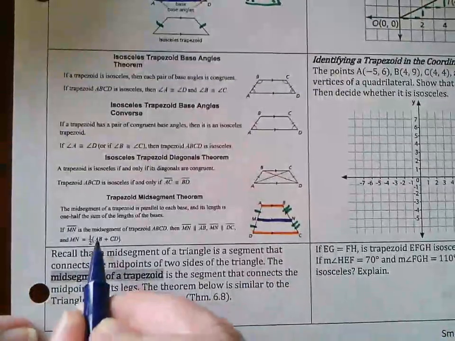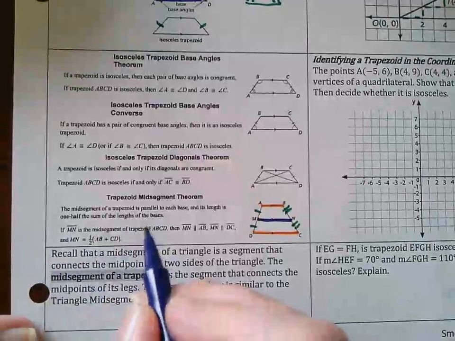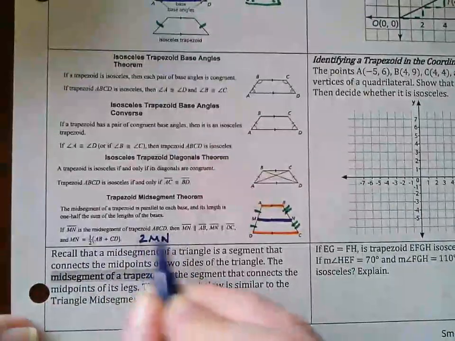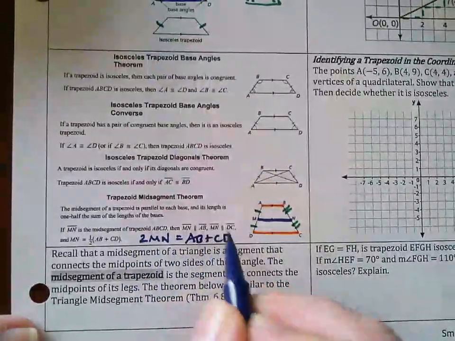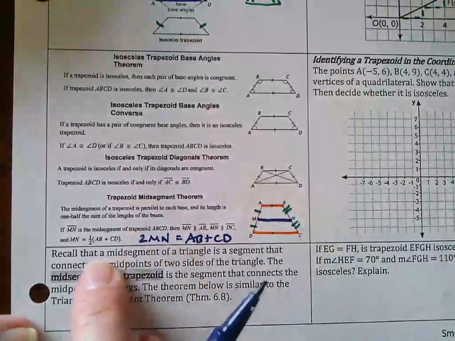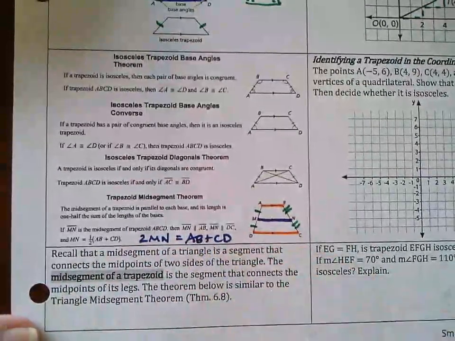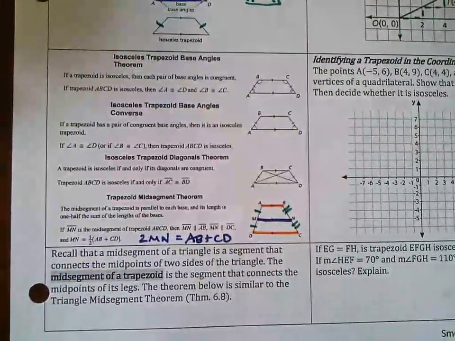So I take the bases, I add them together, and divide by 2. Another way to write this is 2MN, 2 of the mid-segments are equal to the 2 bases added together. Most people like that better because it eliminates that fraction. But it's exactly the same thing. But I know how you guys are with fractions, so we can eliminate that if we want.